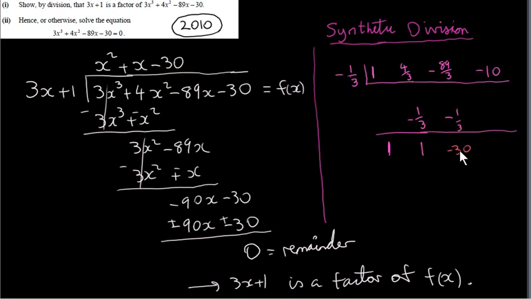Minus a third times minus 30 is plus 10. Minus 10 plus 10 is 0. So this is our remainder, which shows that 3x plus 1 is indeed a factor. And the other factor of the cubic is 1x squared plus 1x minus 30.